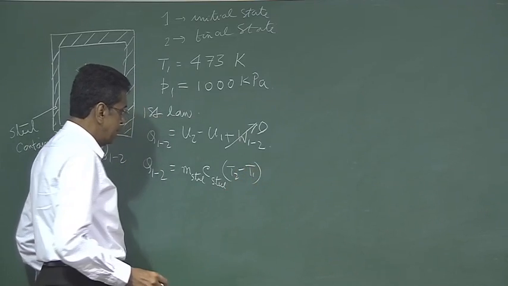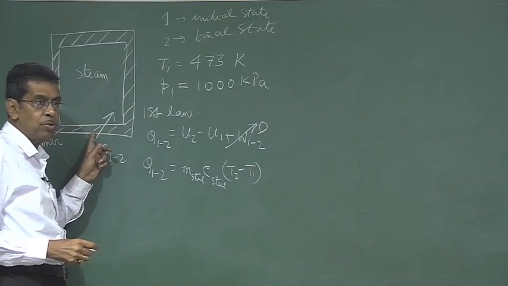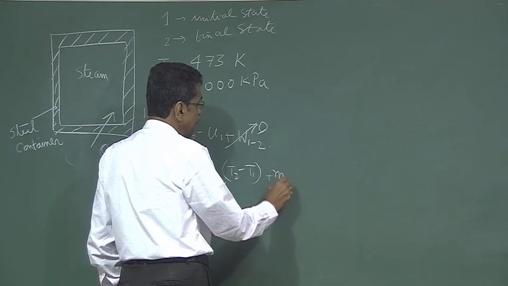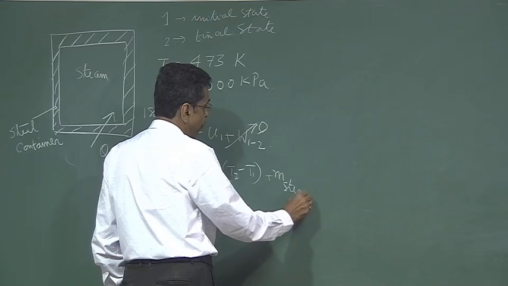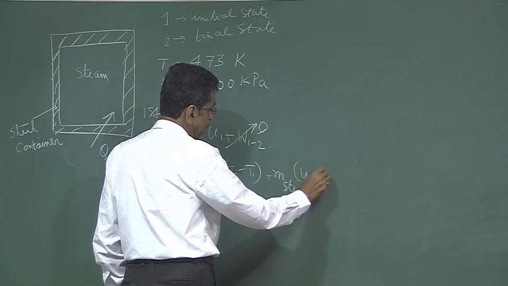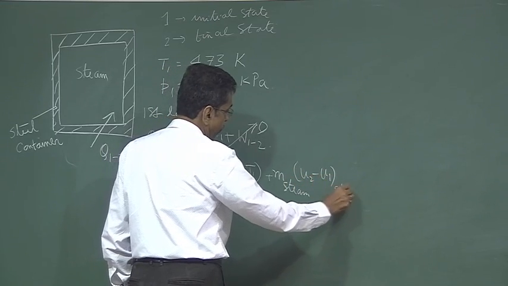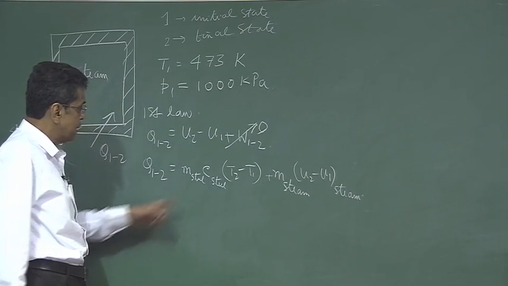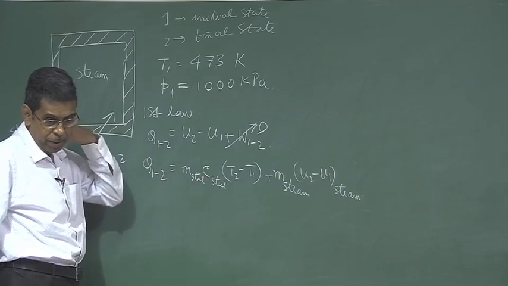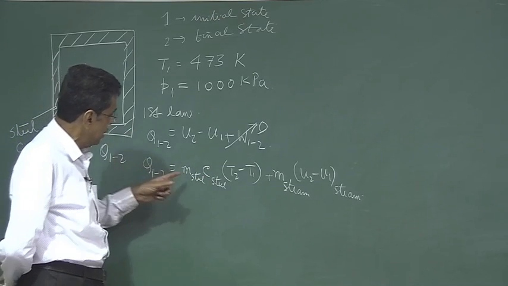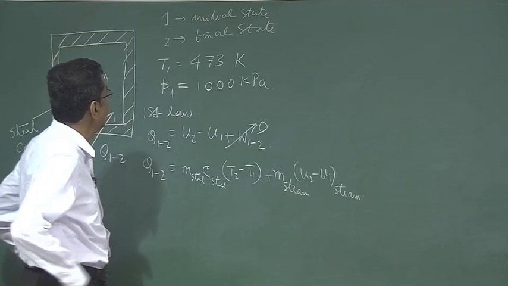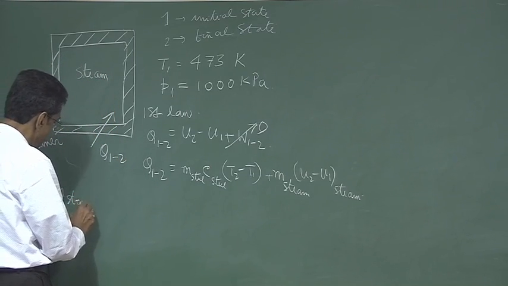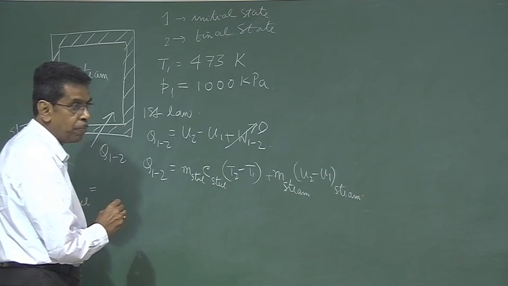For a solid, the change in energy is the mass into specific heat into temperature change, plus M steam into u2 minus u1 of steam. Now, C steel is not given, but we know its value, I will tell you afterwards. M steel is known, the mass of steel is 12 kg.